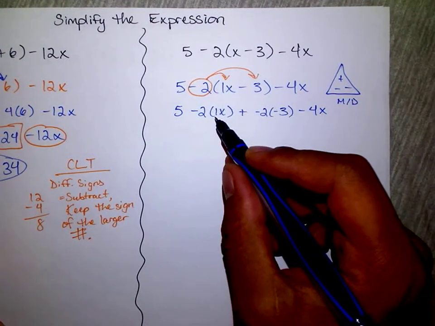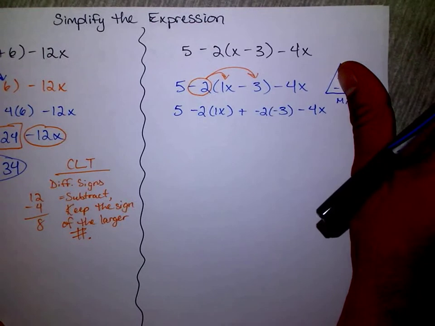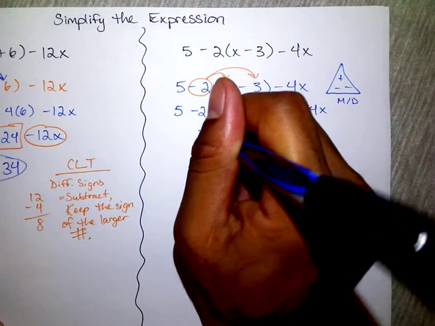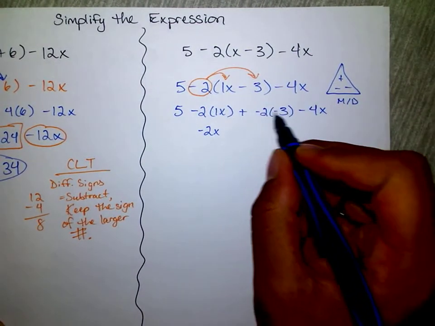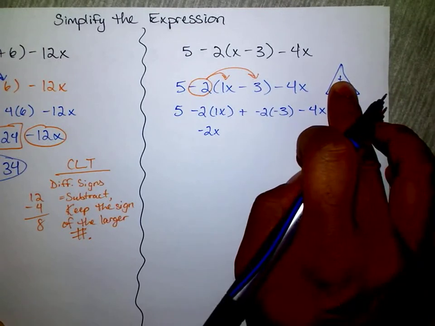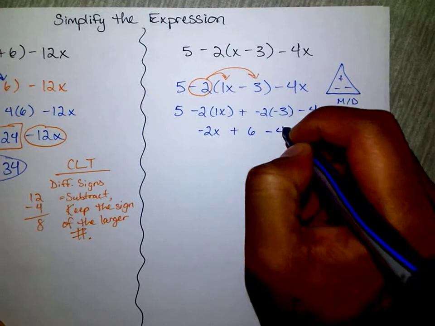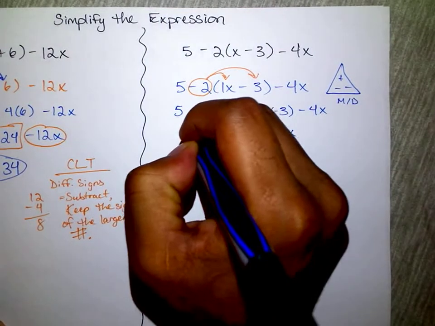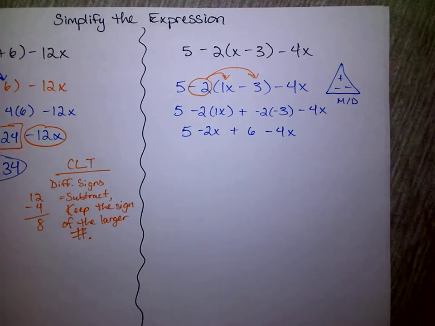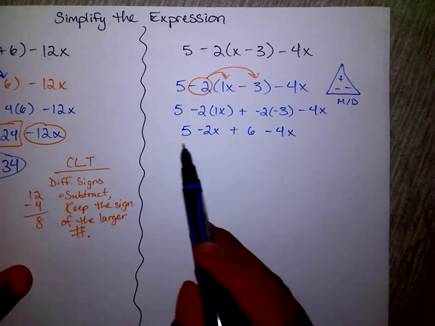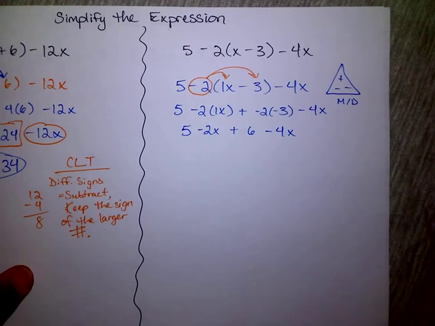Negative 2 times positive 1, that's going to give me negative 2x. And a negative 2 times a negative 3, that's going to give me a positive 6. Bring everything else down. Now, as you can see here, we have some like terms that we need to take care of.